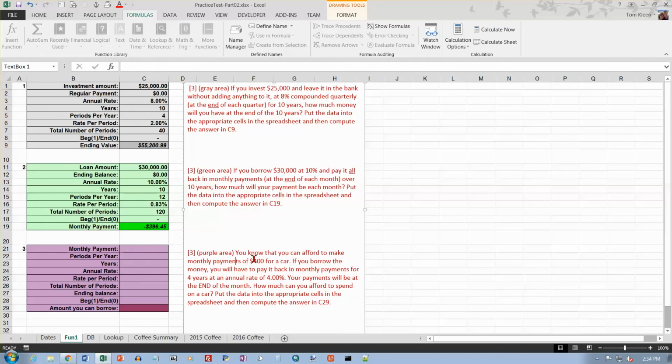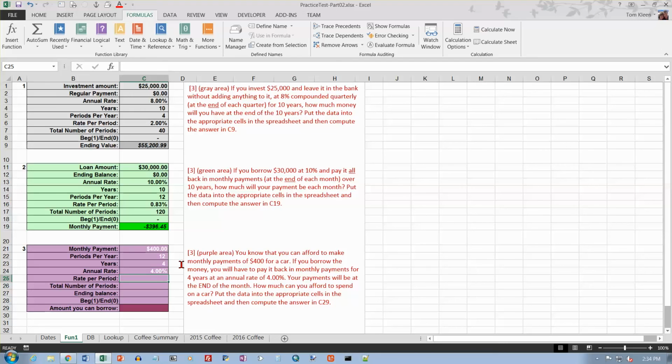Okay. Last thing is we want to know how much of a car we can buy if we can afford to pay $400 a month. So let's put 400 in for our monthly payment. We're doing it monthly, so it's going to be 12 periods per year. We're going to take 4 years to pay it back. The annual rate is 4%. That's already formatted as a percent.